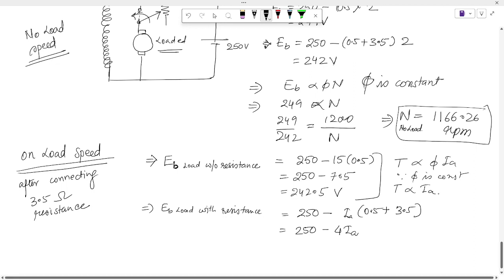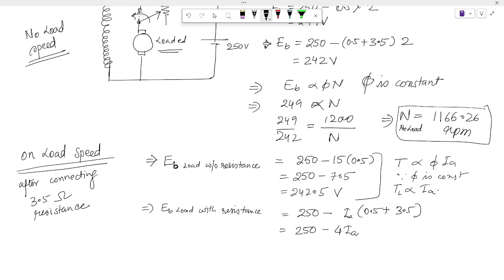So torque is constant, which means Ia has to be constant. Getting or not?